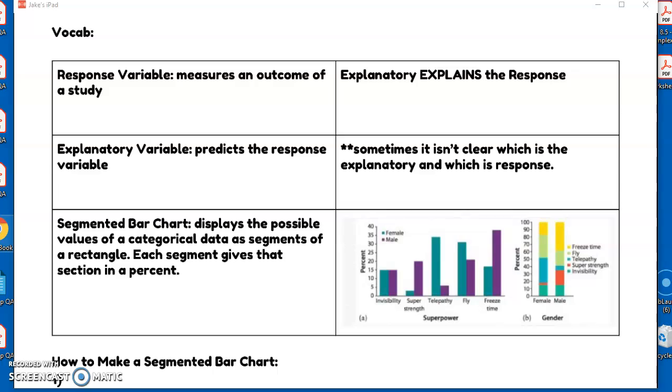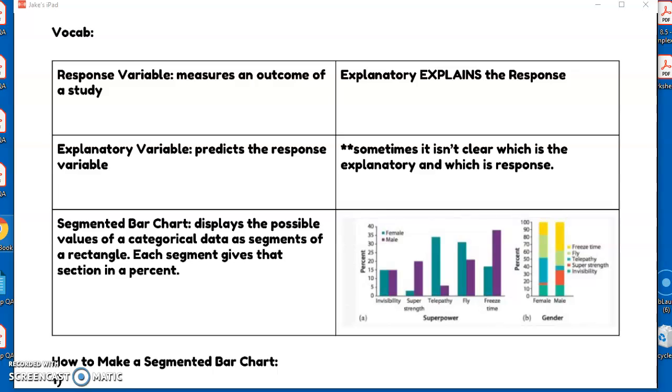An example would be if we were to look at height and weight. We have two variables: if we were to take an entire class, their height and weight. To figure out which one is the explanatory and which is the response, ask yourself which one determines the other.